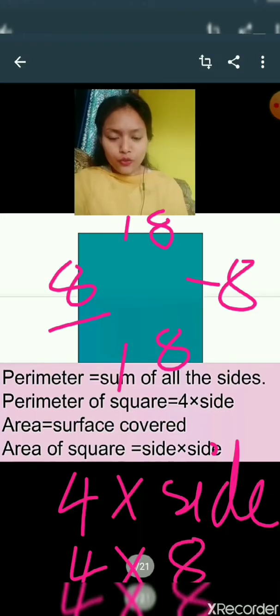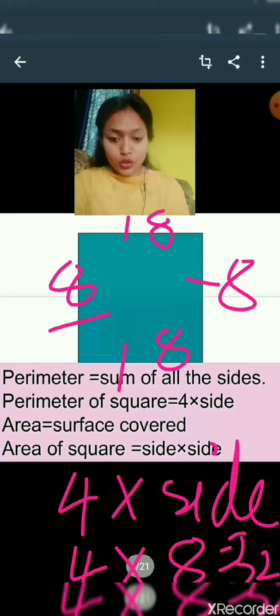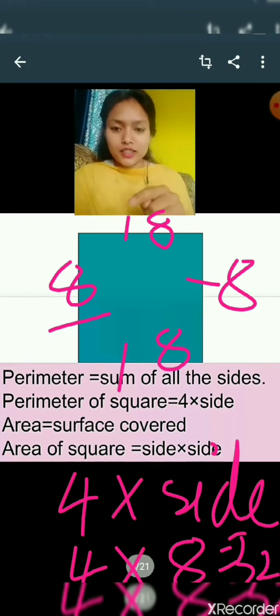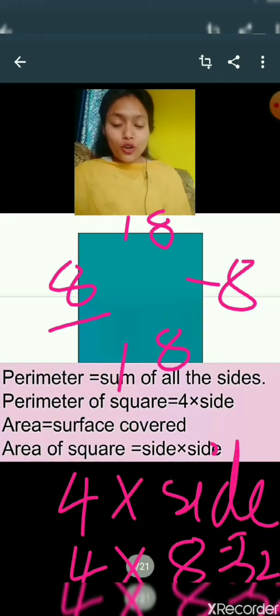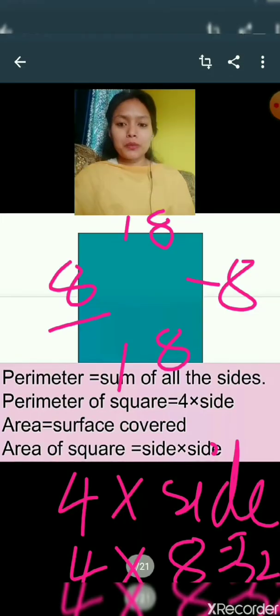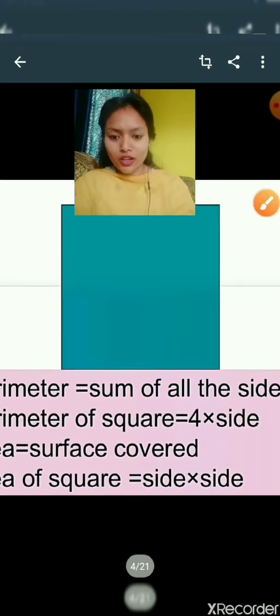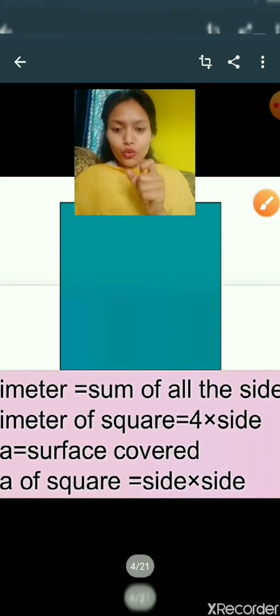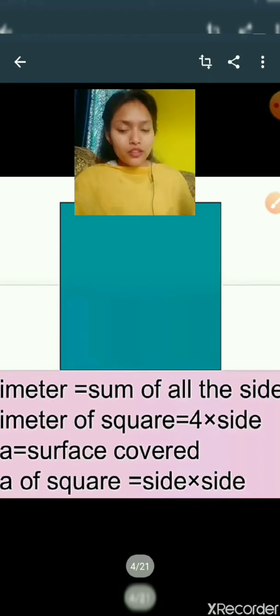So 4 eights are 32. When we added all these sides, we got the answer 32, and in this case also we got 32. So we can say the formula for finding the perimeter of a square is 4 into side. 4 into side means 4 multiplied by whatever the side is given.